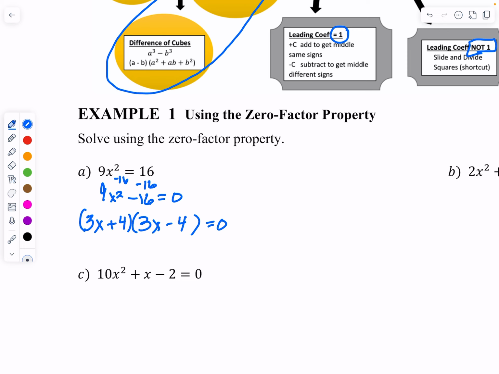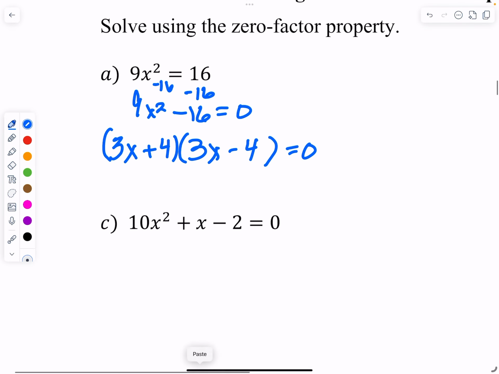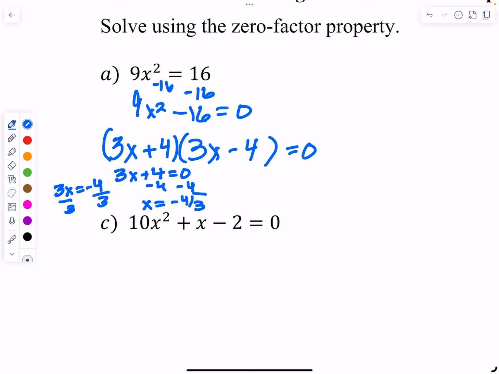And then I set each one of those equal to 0. 3x plus 4 equals 0. So I subtract 4 on both sides and get 3x is negative 4. And when I divide by 3, I have a fraction. Negative 4/3 is one of my answers. Then I do the same thing here, except this time instead of subtracting 4, I'm going to add 4 to both sides and then divide by 3.